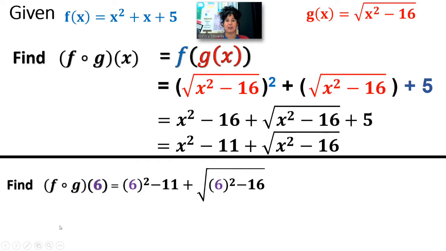All right, I'm going to slide in those 6's and start simplifying. Simplifying at the start here, 6 squared is 36. And here we have 6 squared is 36 minus 16, which is going to be 20.